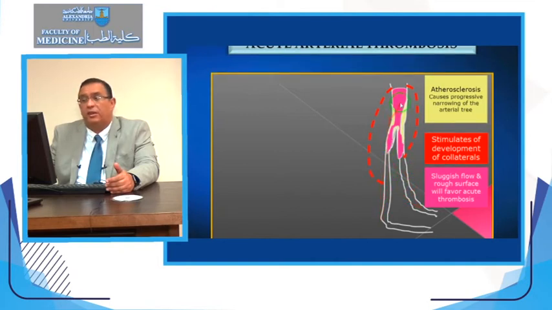If we treat this patient, we treat the acute phase only, but the chronic state is still present. So these patients need more investigation by CT angio to know the level of occlusion or stenosis, and to do dilatation or bypass for this segment, to prevent recurrence of this situation.